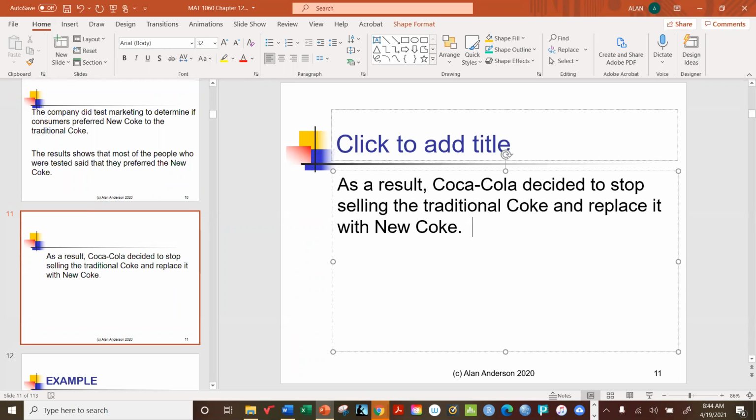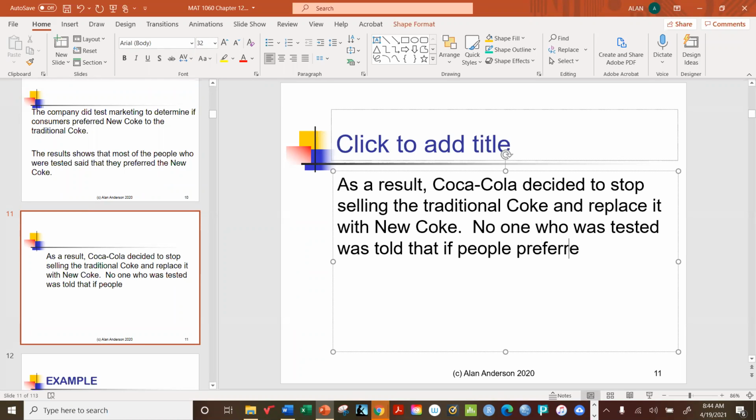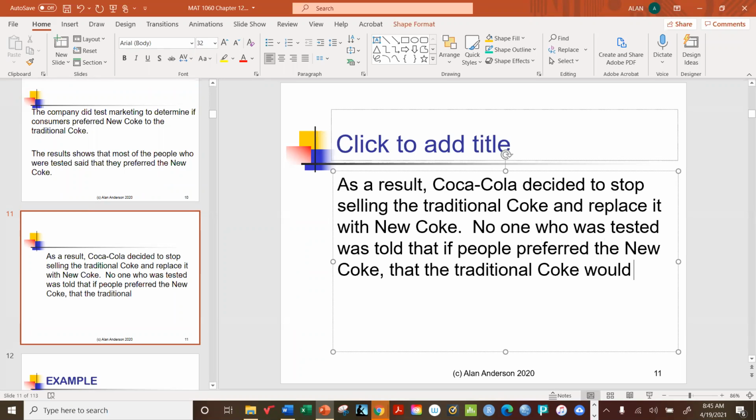Now, this is where the problem comes up. No one in the test who was tested was told that if people preferred the New Coke, the traditional Coke would disappear and be replaced with the New Coke.